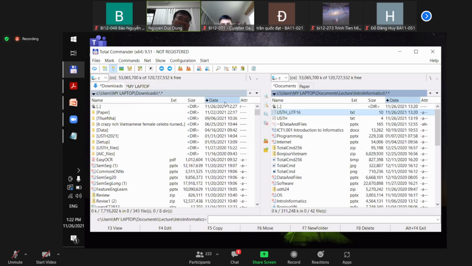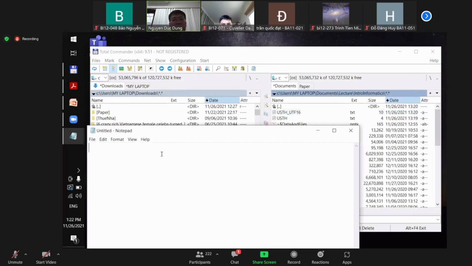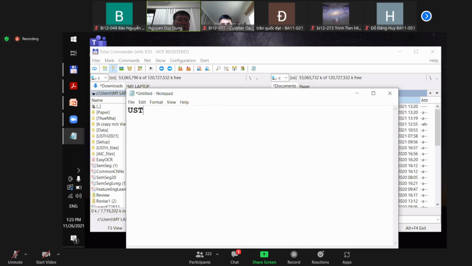Okay, now it means that with the same content USTH, when we use ANSI, it requires 4 bytes.